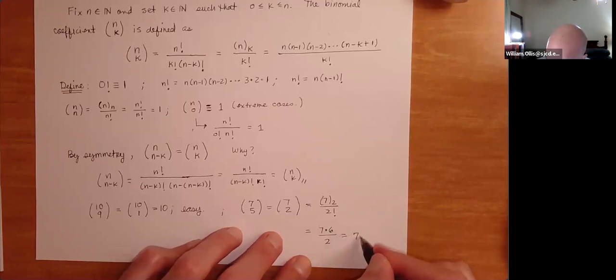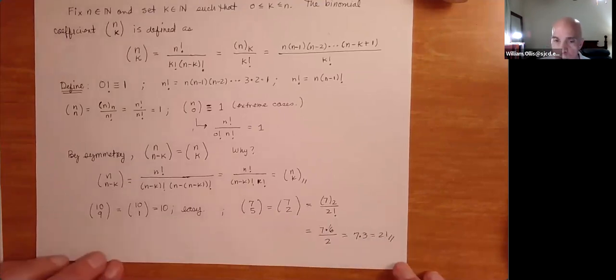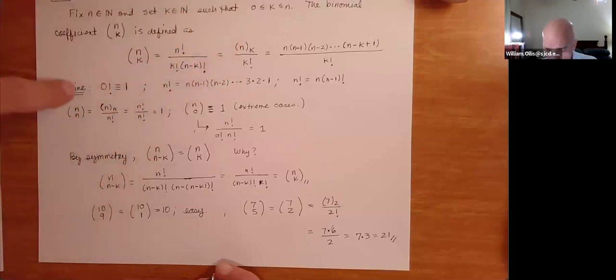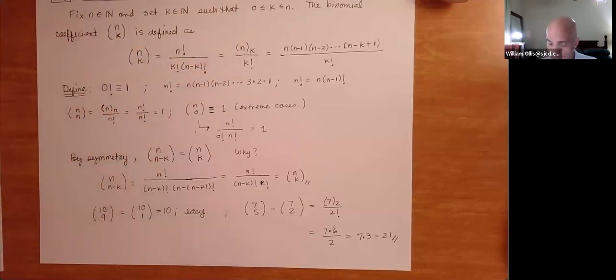So this will be 7 times, well, these absorb to give us a 3, and that's a 21. So at least computationally, when we're working with just integers or positive integers, and then of course we have to consider 0 because these are extreme cases that we have with binomials, we see that there's a certain simplicity that is given to us if we use this particular identity to make the computations easier.